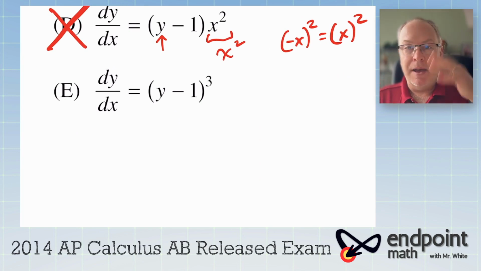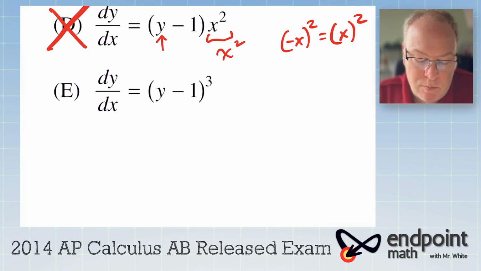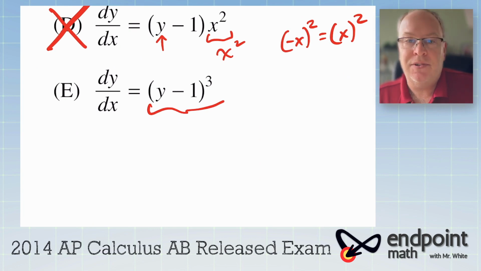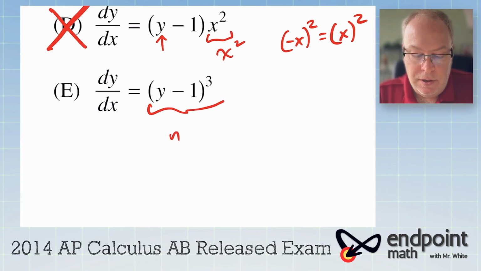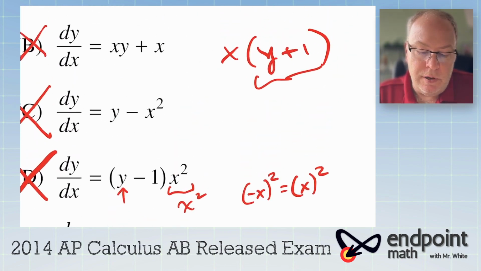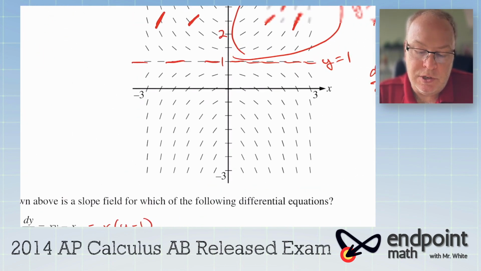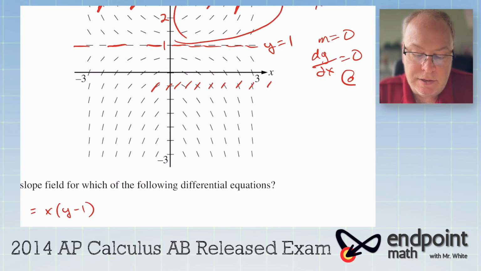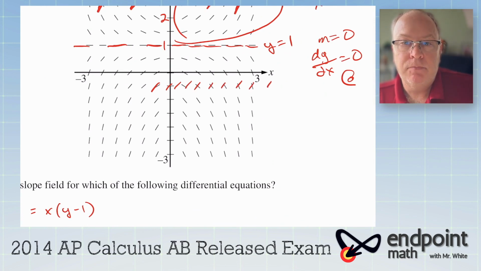And then I'm on a roll with symmetry, and I'm realizing this one is not dependent on x at all. There's no x. So if there's no x, what happens in the slope field is they will all be the same like this, because it's not dependent on x, and that's not the case here.